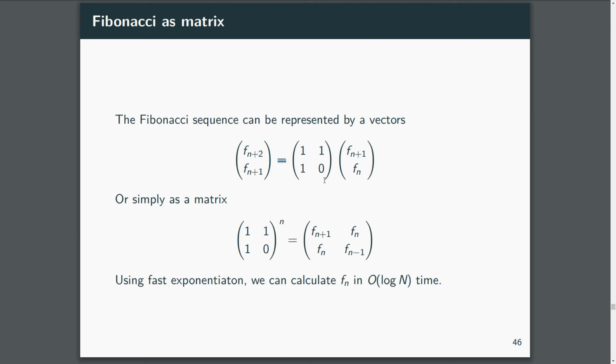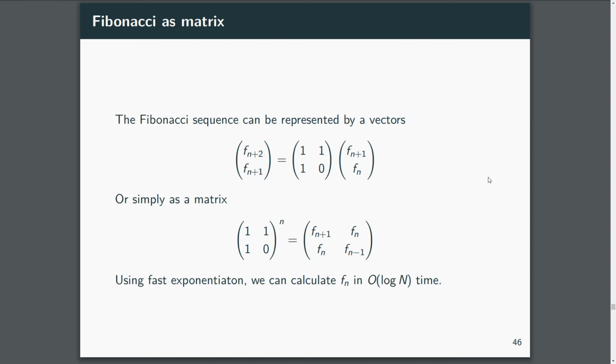Okay, and then we need to carry on the old values which we need for the next step. So we have a 1 here, and we get 1 times f of n plus 1 plus 0 times f of n. So we get an f of n plus 1 here.